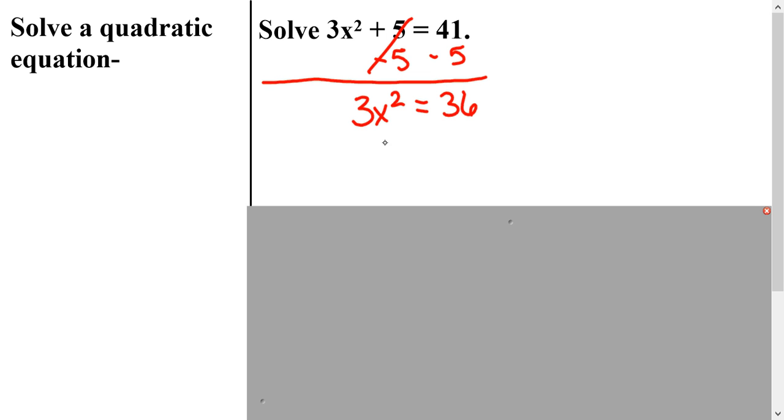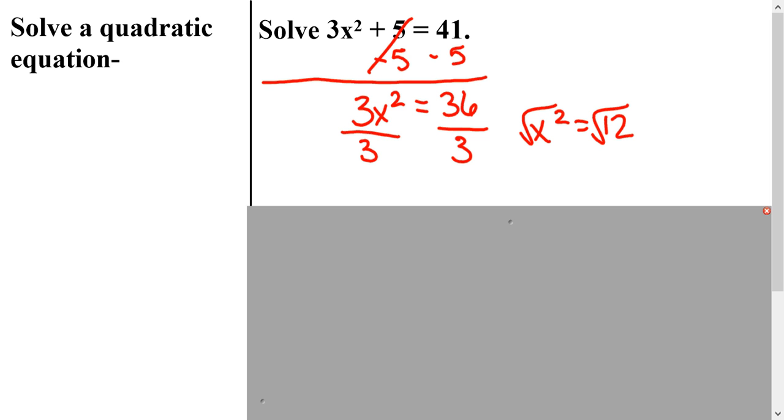So then we would need to divide both sides by 3, just like we would before, and we would get x squared equals 12. So now if I want to undo a square, then I need to take the square root of both sides.